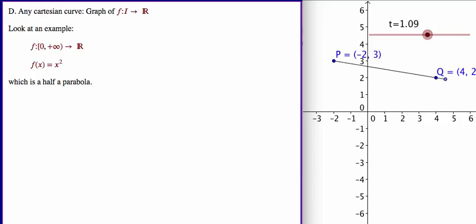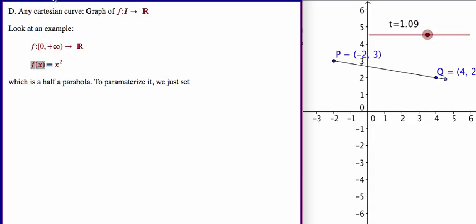To parameterize it, how do you parameterize it? Well, you need to have x and y as functions of time. So what should we do? A very neat way of parameterizing the graph of a function is to just let the x-coordinate be time itself. In other words, let's take x to be t. So we're just going to set x equals t.